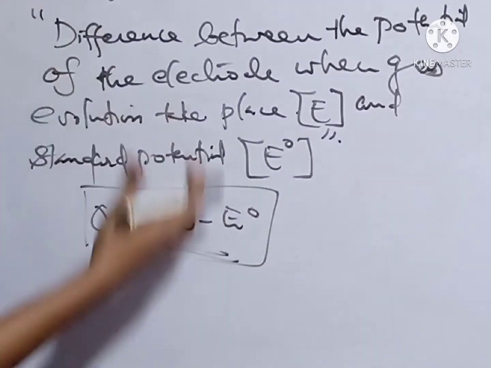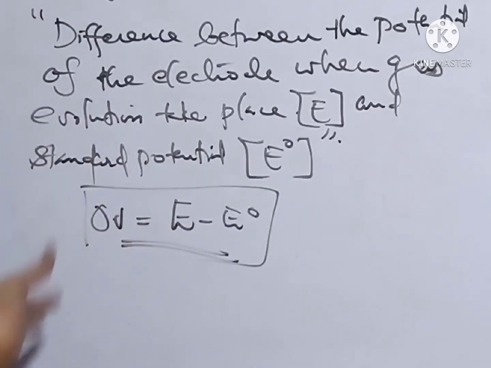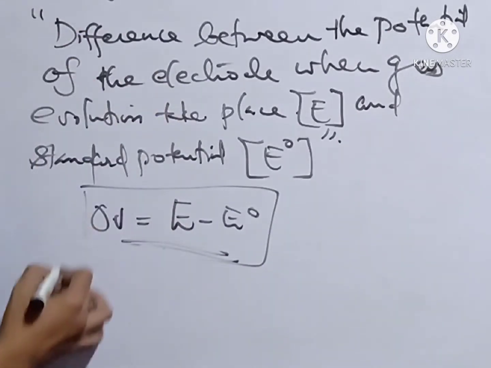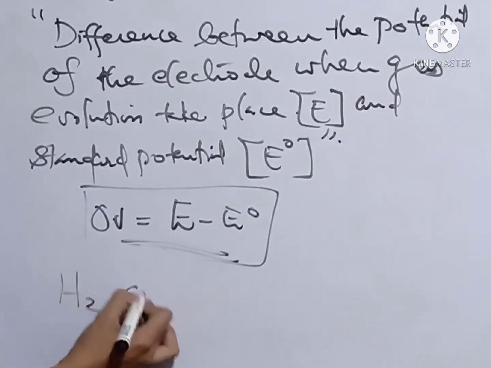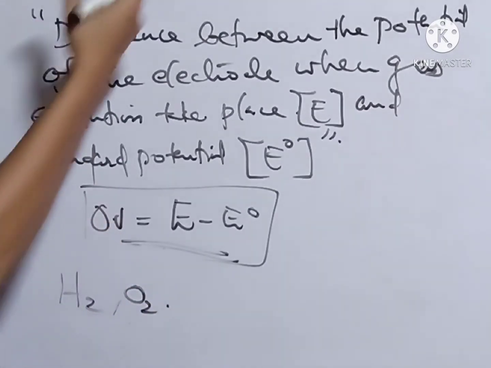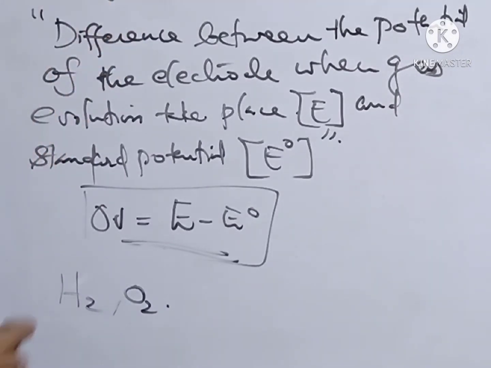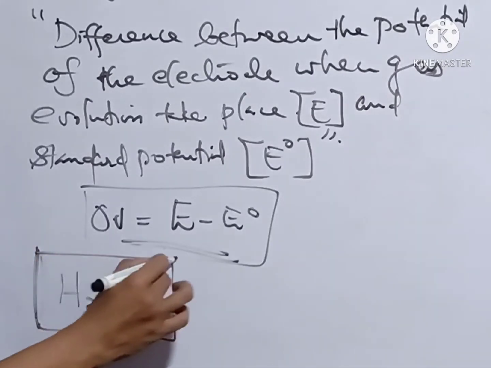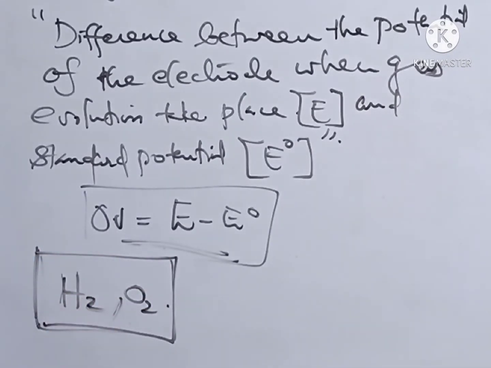This is related to the evolution of gases. The most common evolved gases are hydrogen, oxygen, etc. Evolution of other gases also causes overvoltage, but the most commonly studied are the evolution of hydrogen and oxygen.